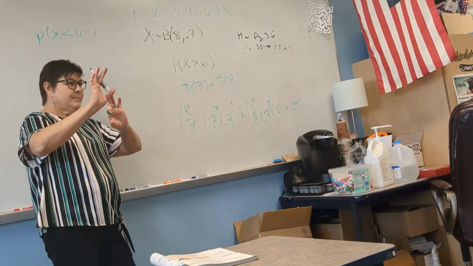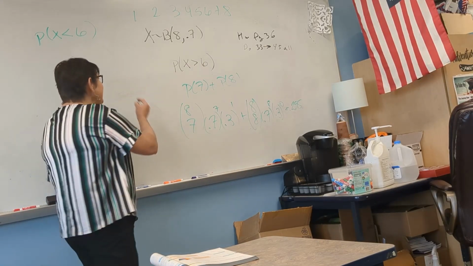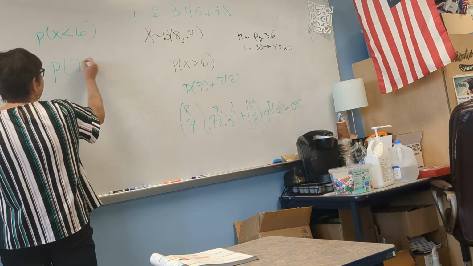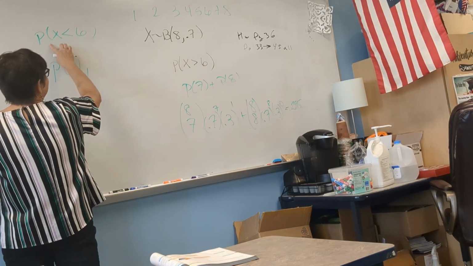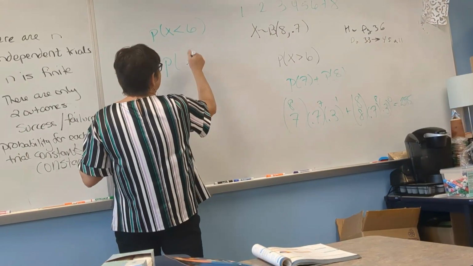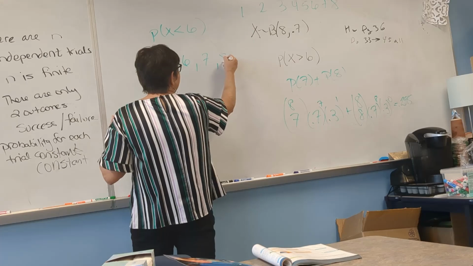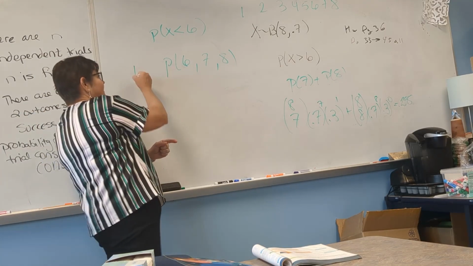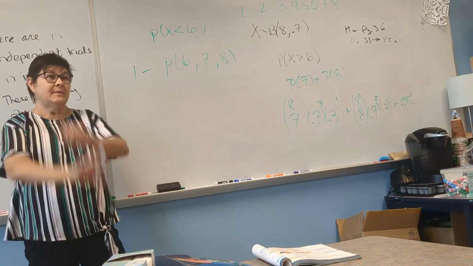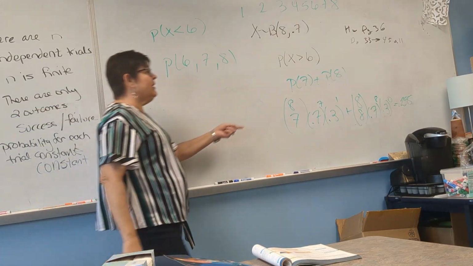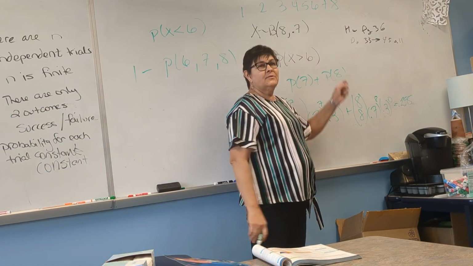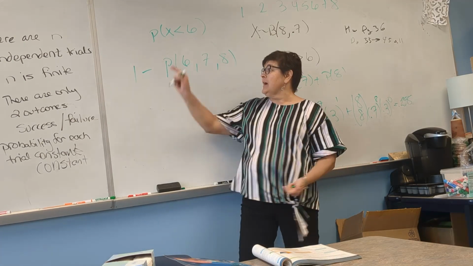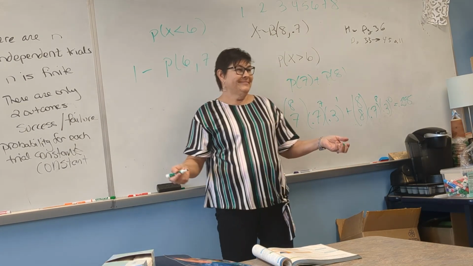So without adding the ones that we haven't done, we could do the probability of 6, 7, and 8, and then do what to that answer? Minus it, because remember, all of it makes up 1. But what she said is, we've already done 7 and 8. So just do 6, add it to that answer, subtract it from 1, and you're good to go. Exactly right.